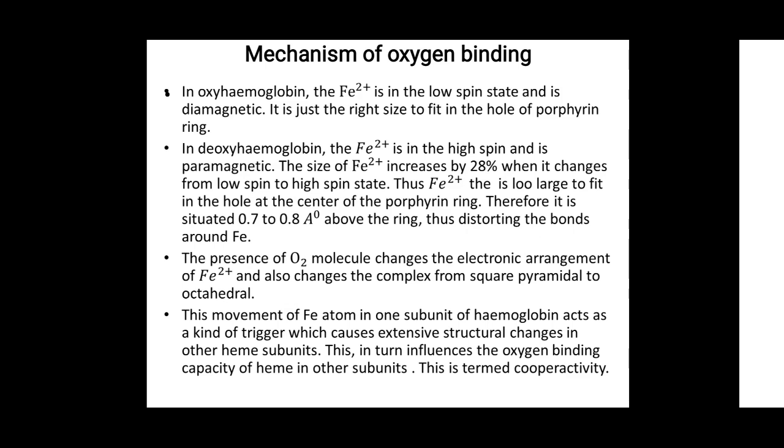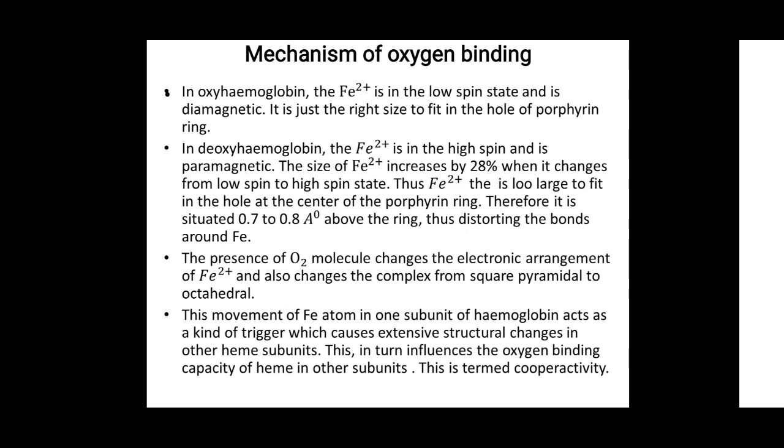See, when a compound converts from low spin to high spin state, its size increases. The size of Fe2+ increases by 28% when it changes from low spin to high spin state. Thus, Fe2+ is too large to fit in the hole at the center of the porphyrin ring.